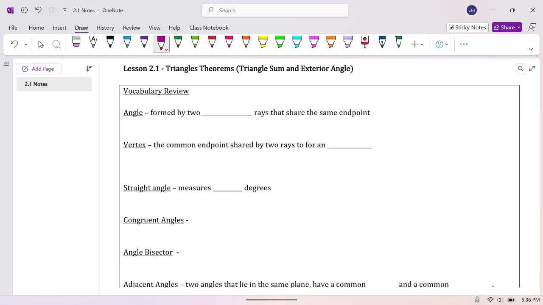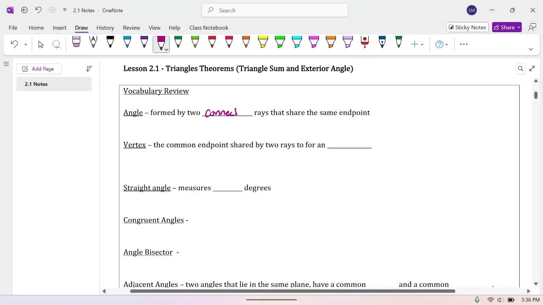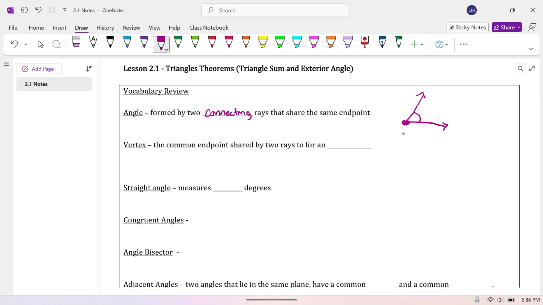So first off, an angle is formed by two connecting rays that share the same endpoint. So, for example, if I was to draw a picture of it, this would be the vertex. This would be the ray itself.